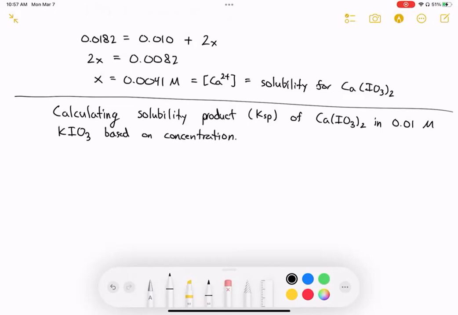So remember, our equation is K equals calcium 2 plus times the iodate concentration squared. So this is part A. So we're writing our expression. So here's our expression for Ksp.